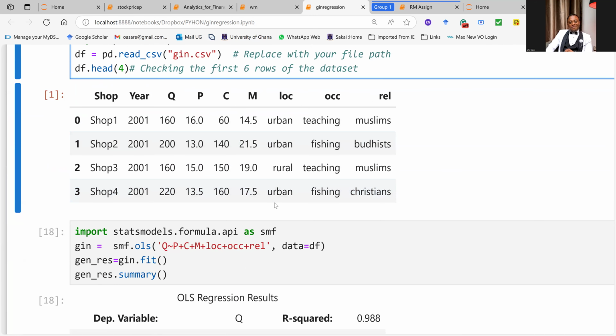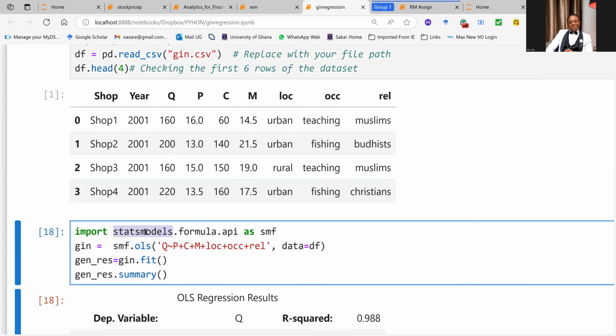We are ready to generate our regression. We'll use the stats model, okay, and we'll use this. Now, I've already indicated last time we met that R was there long time ago before Python came. So when you write this thing in an R style, it helps to be able to showcase the thing well.